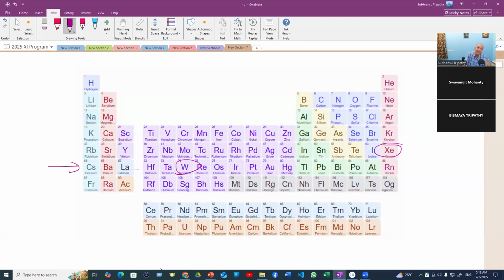That means 6. And you just proceed, walk over the elements. There are two in the s block, 6s2. Then you are entering into the d block. Before d, after 6s comes what?